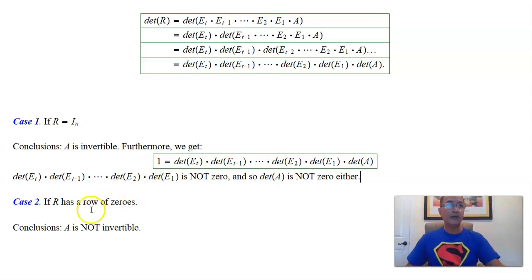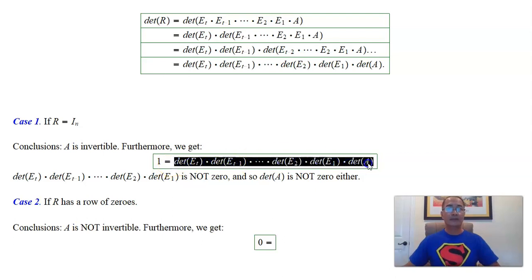Second case. If your REF has a row of zeros, A is not invertible. And what about R? Well, R has a row of zeros, so the left side is now 0. Furthermore, we get the left side is now 0, and the right side is the same. So we have these.